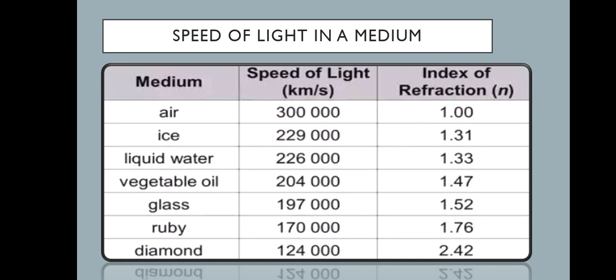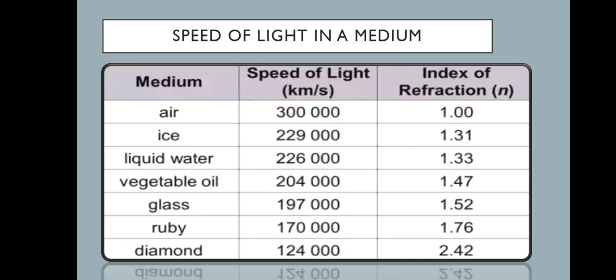So you can see that the speed of light in air is maximum and the refractive index of air is minimum. Then from air to diamond, the speed of light is decreasing but the refractive index of these mediums is increasing. It means that in mediums with high refractive index the speed of light is decreased.